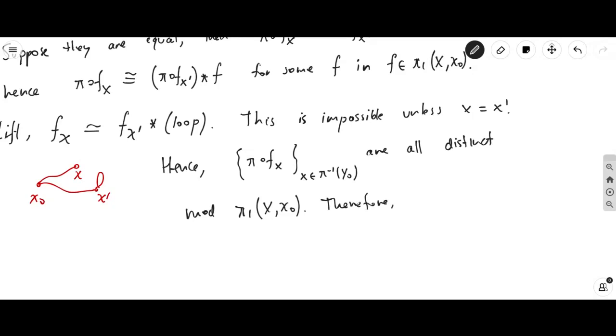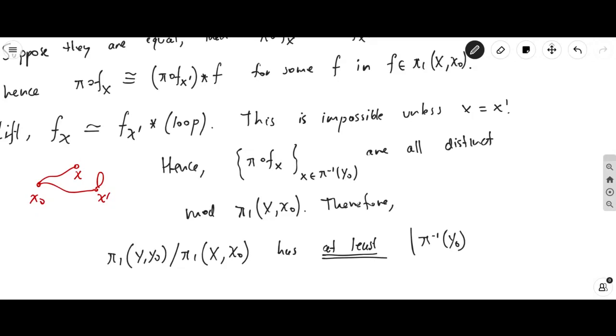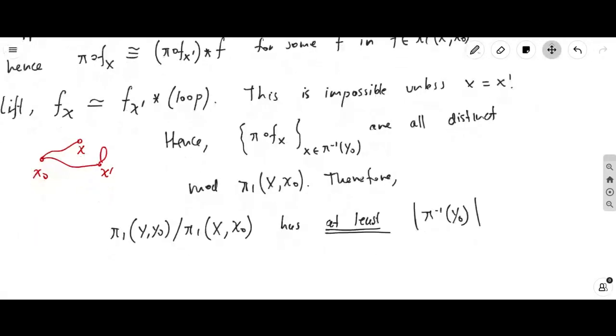Therefore, if you look at the coset, so if you take your group mod the subgroup, it has at least, so you're going to look at this fiber and you're going to count it, at least that many cosets. Because we've just produced a collection of elements of the group that are different mod the subgroup. How many do you have in here? Well, you have one for every point in the fiber. So you have at least that many.